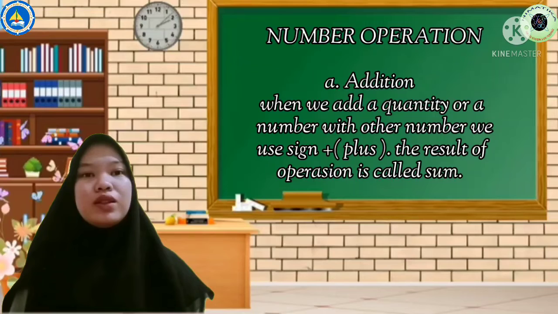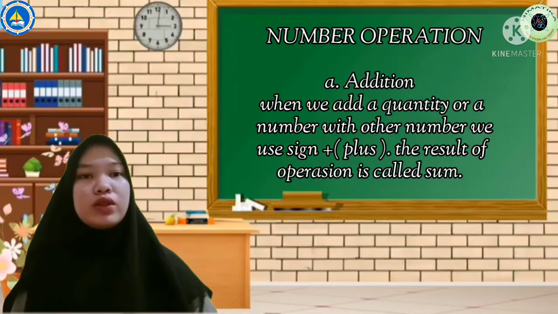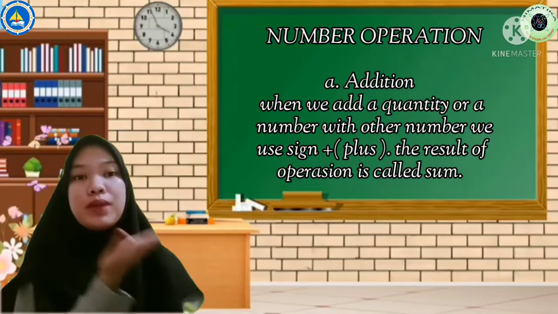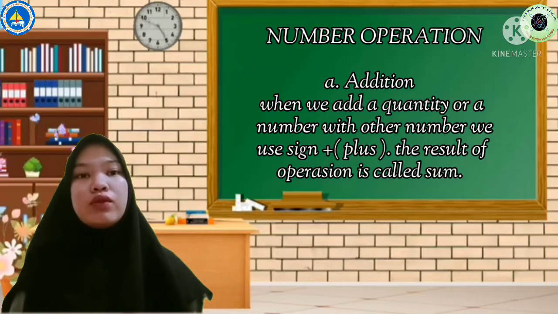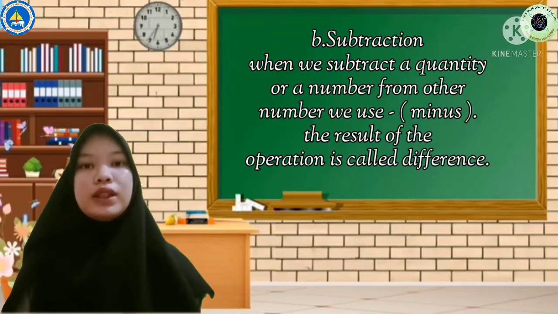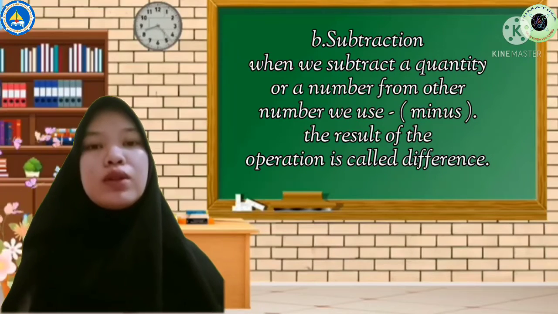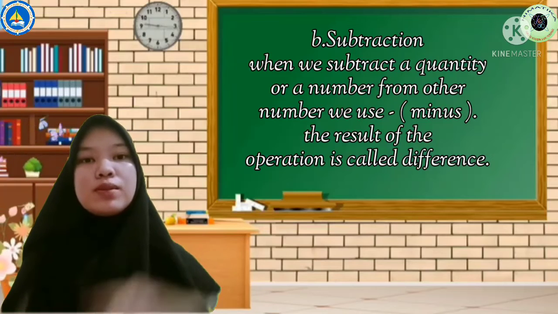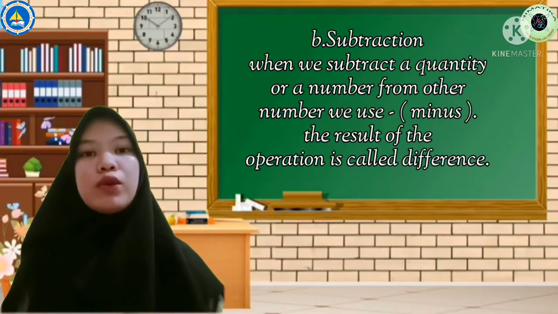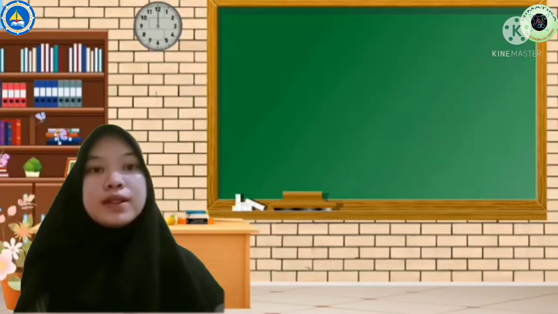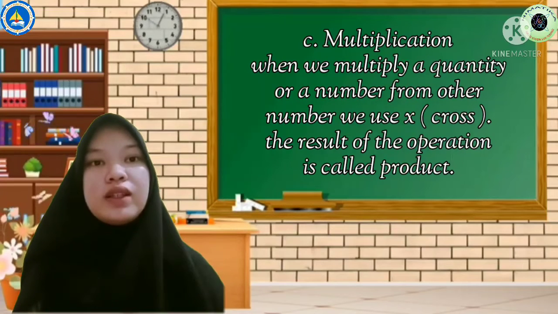A. Addition. When we add a quantity or a number with other number we assign plus, the result of operation is called sum. B. Subtraction. When we subtract a quantity or a number with other number we add minus, the result of operation is called difference. C. Multiplication.